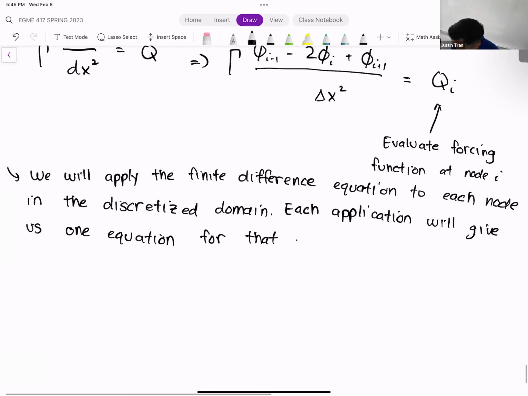Once we have that collection of equations, we can solve all of them together to solve for the solution values at each node.